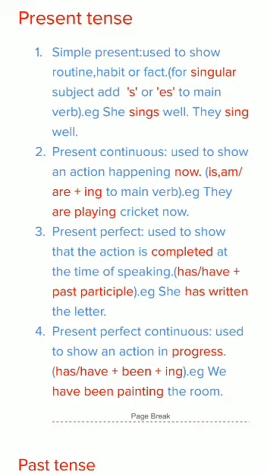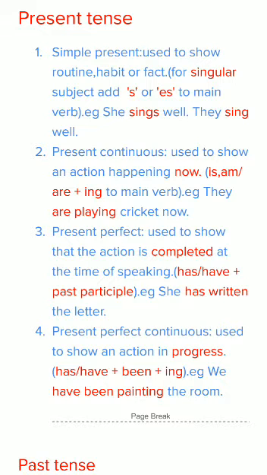We add s in the first verb because the subject she is singular, while in the second verb s is not added because the subject they is plural. We must remember that when we put s or es to a verb, then the verb is in the singular form.